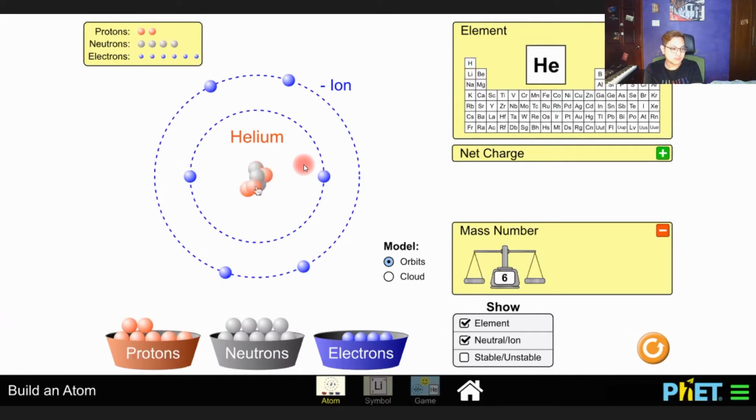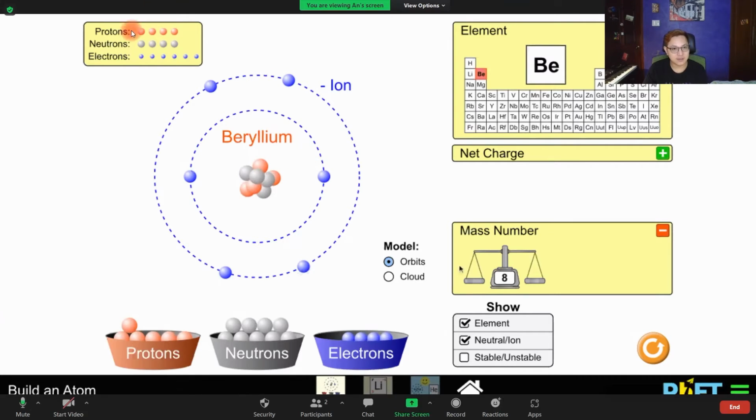Lithium, helium, beryllium. There's also a count of all the things on top. You can see protons, neutrons, electrons, they counted for you.